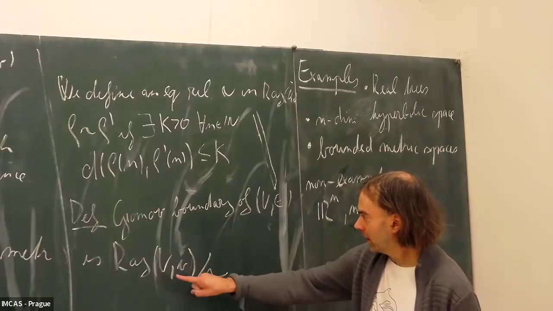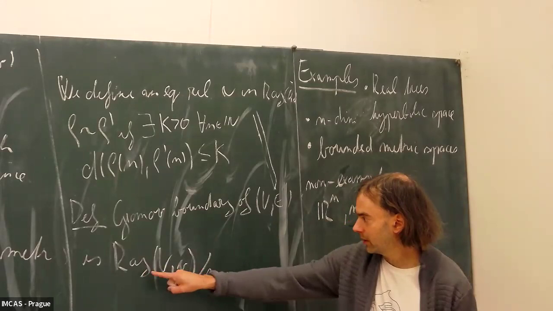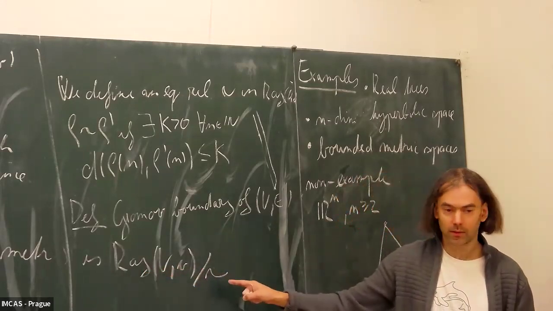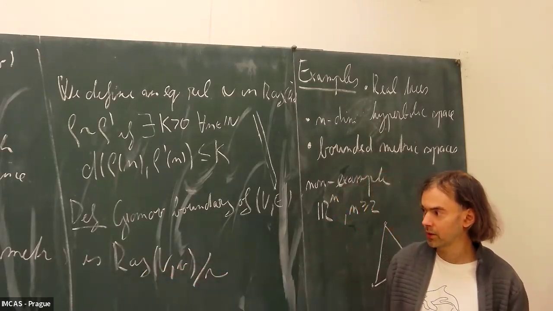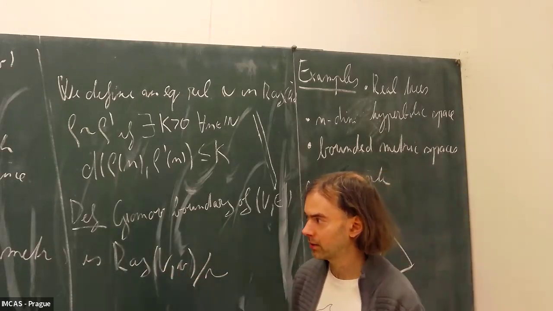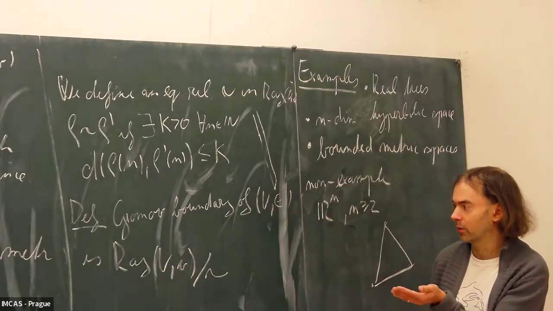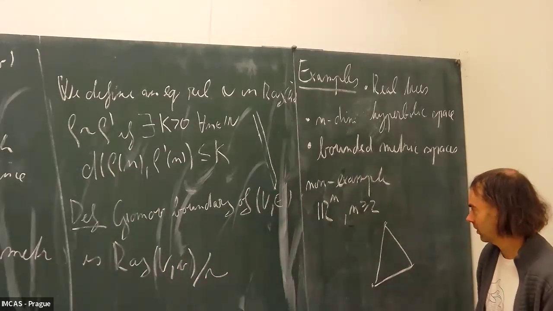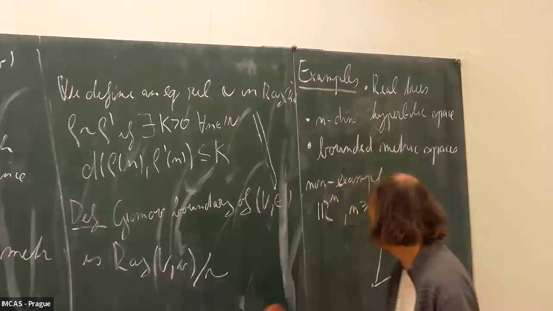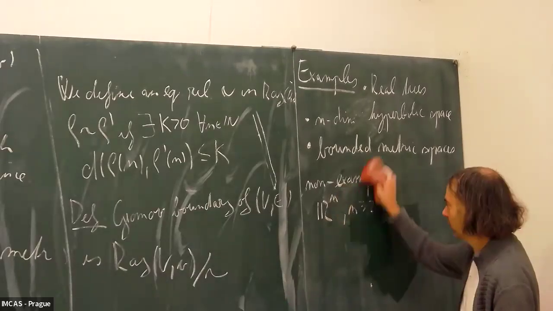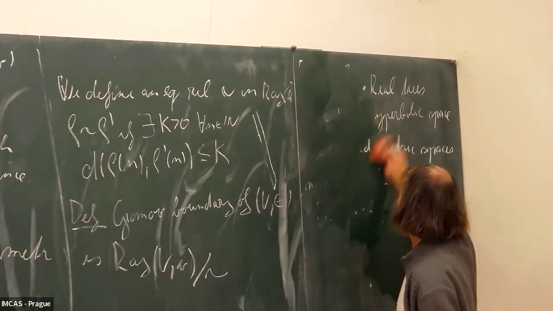Here I said that we take the space of rays and its quotient, but we need to check that the quotient is well behaved, which in general is not the case. I will draw some pictures.